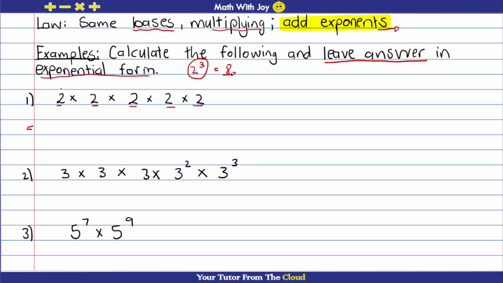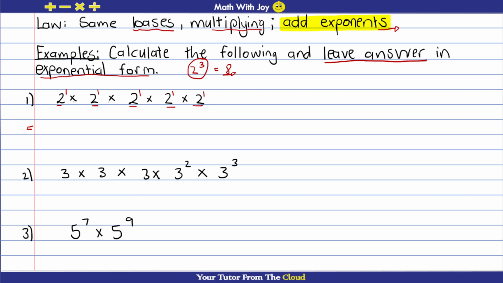You must remember that a number like 2, where no exponent is shown, has an exponent of 1. If there's no number at the top, there's 1. So for all these 2's, the exponent is 1.